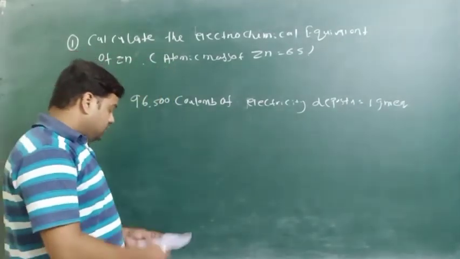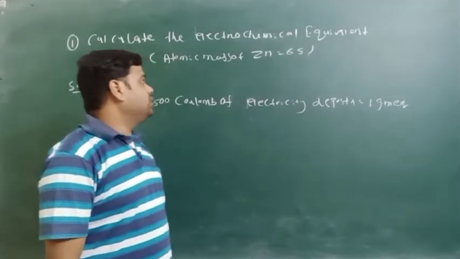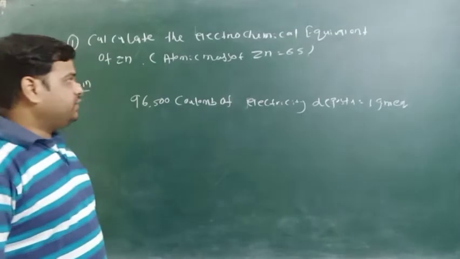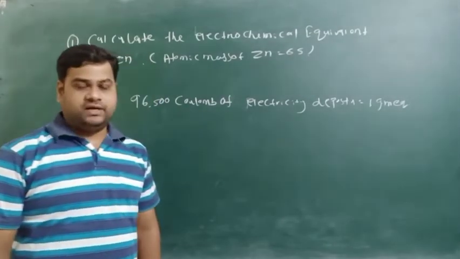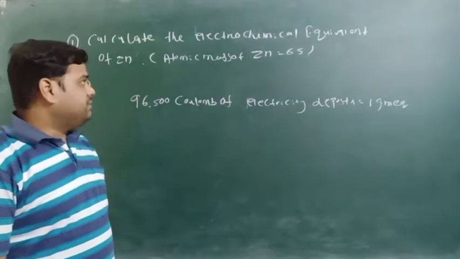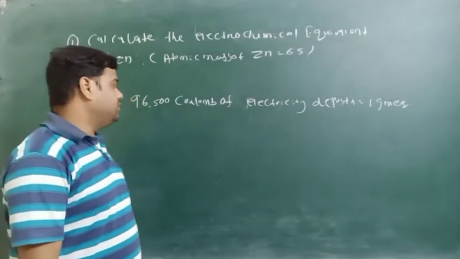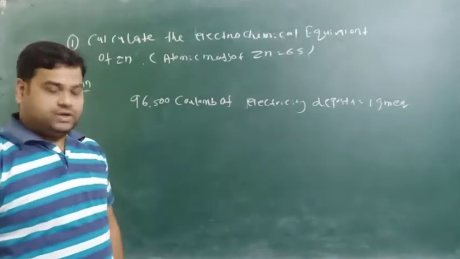So we will calculate the chemical equivalent first. The chemical equivalent can be calculated based on the atomic mass and the valency. Chemical equivalent means the atomic mass divided by valency. We know that the valency of zinc is 2, so 65 by 2.